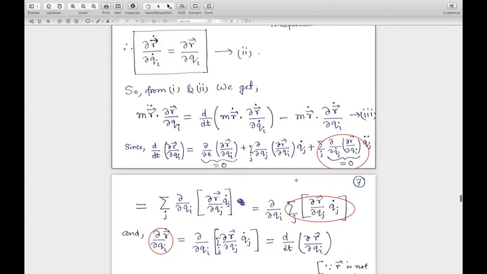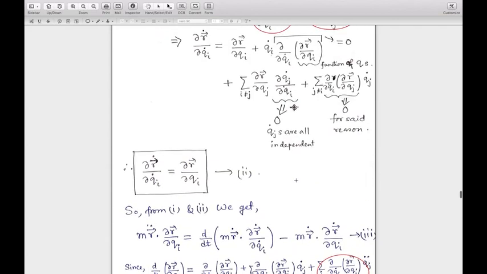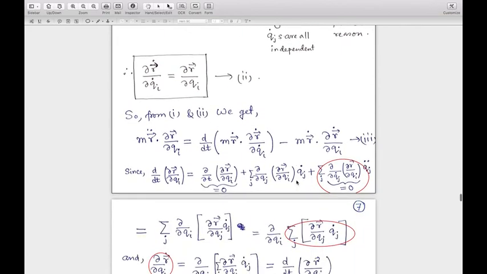So you can easily say that this is equal to this term.